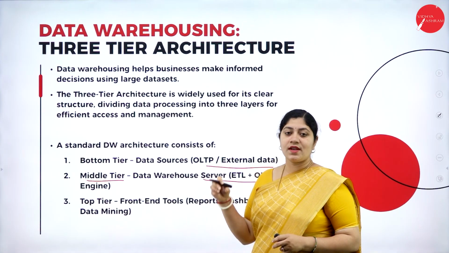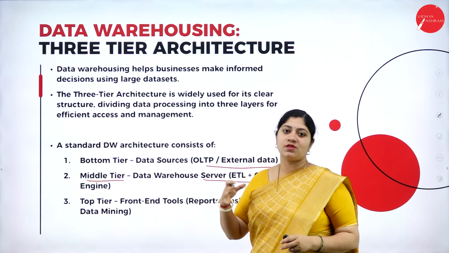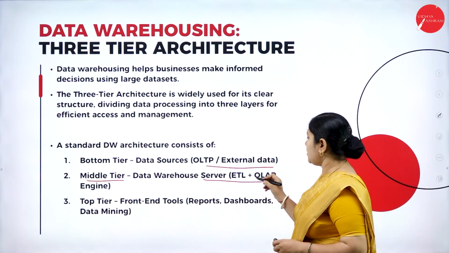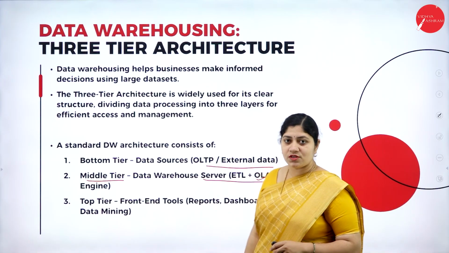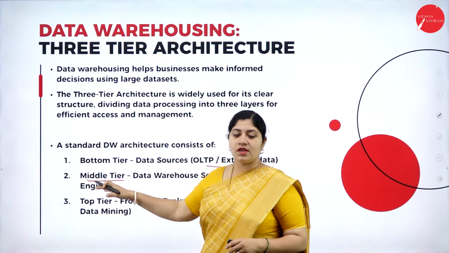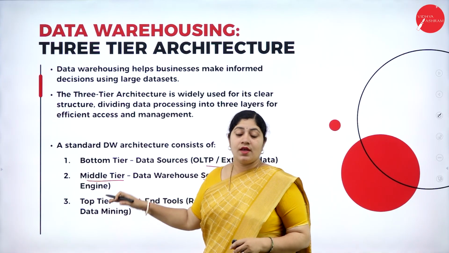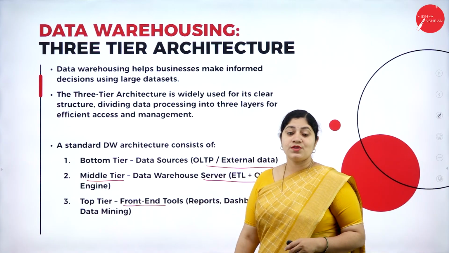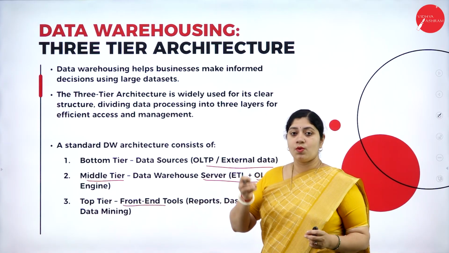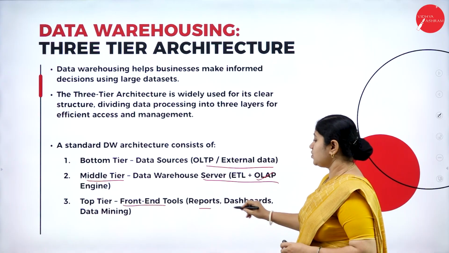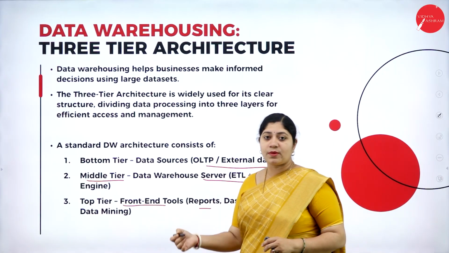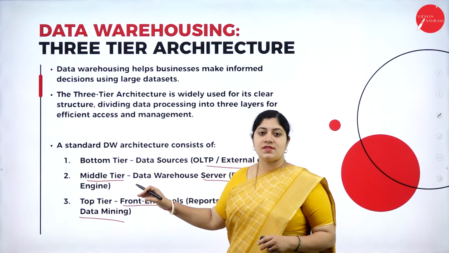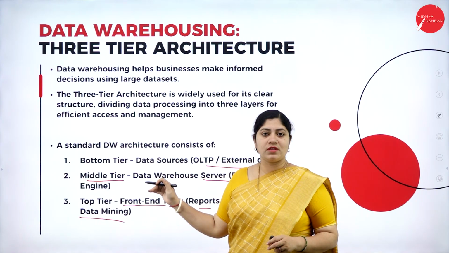It is none other than extraction, transformation as well as loading. So there will be data from this process, then there will be information from the OLAP engine. So we can expect these two things under this middle tier. Next is the top tier, also called front end tools, which holds the reports, dashboards as well as data mining. All right.